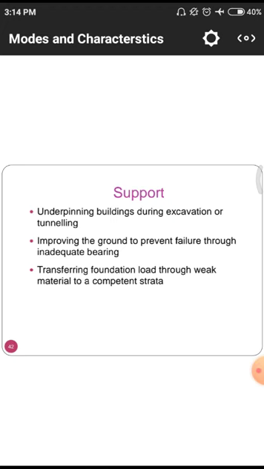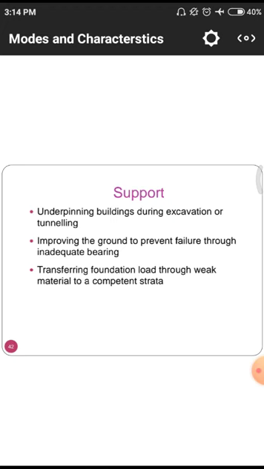And next one is improving the ground to prevent failure through inadequate bearing. If the soil has a low bearing capacity, in those cases also there may be some failure. And transferring a foundation load through weak materials to competent strata. Transferring foundation load means all forces have to be transferred from one part to another.